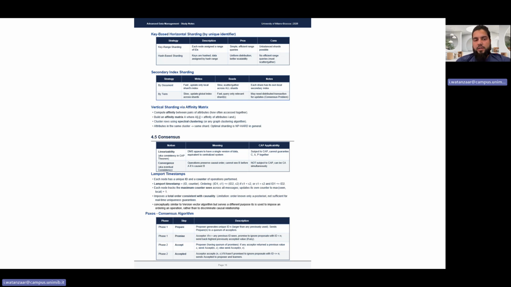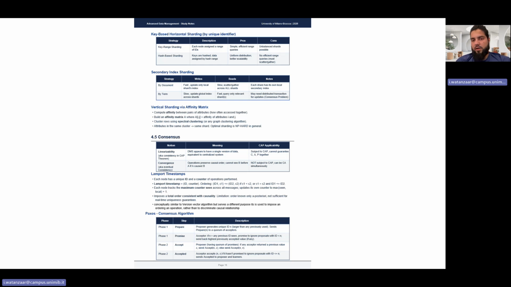For secondary index sharding, the first approach is by document, and the second is by term. By document, updates are fast and only touch local shard indexes.